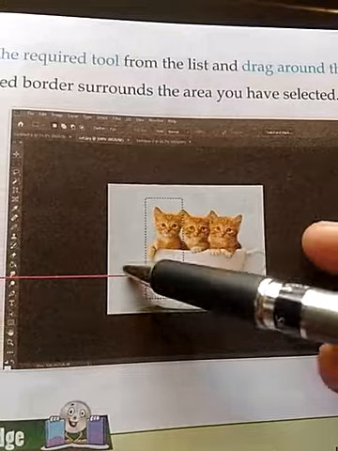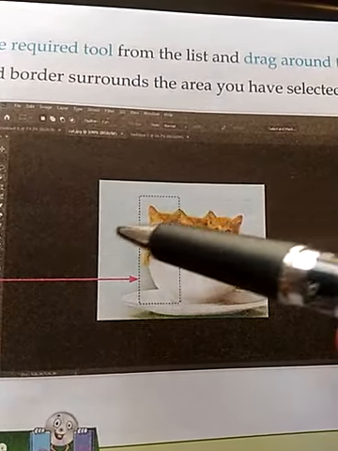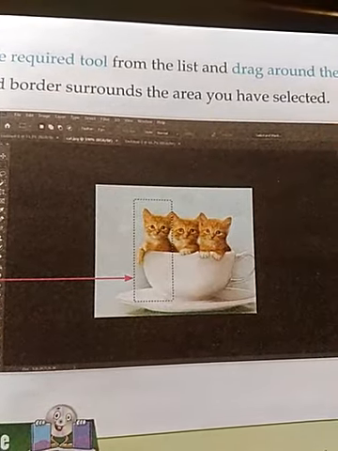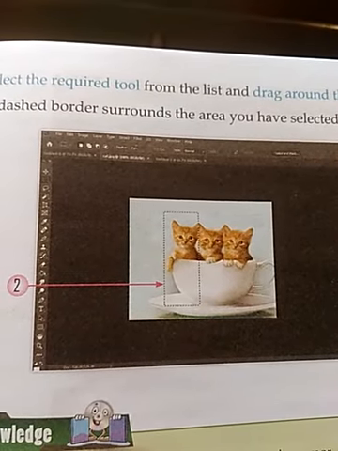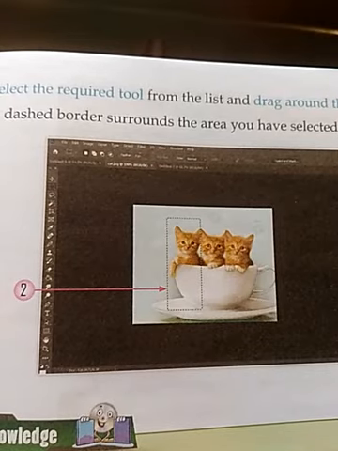Then in this way the dotted border will appear. It shows that the particular portion is selected from the image. So Marquee tool provides the mechanism to select the area of an image.